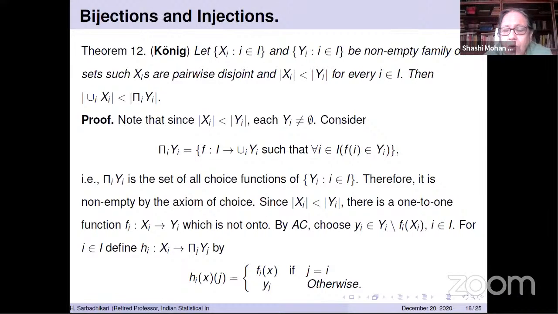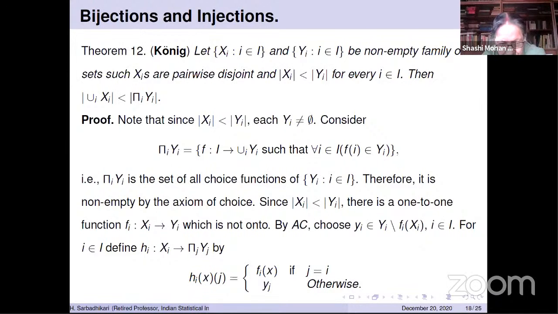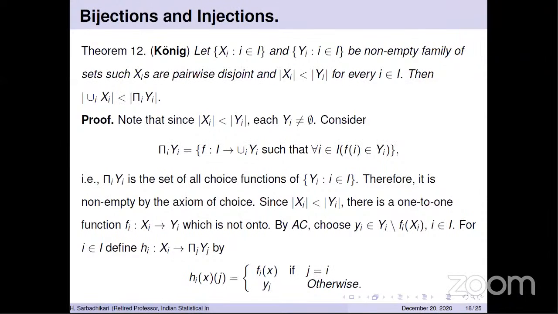Because for each i, Yi minus the range of fi is non-empty. So I have this family of non-empty sets indexed by I. If I want to choose a point from each, then I use AC. This is a whole family of sets. Ma'am, you're using AC to pick the injection also, right?